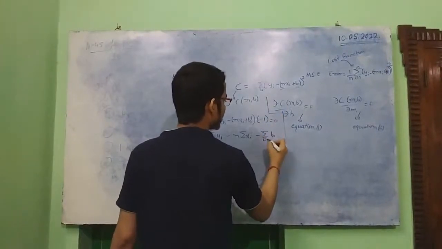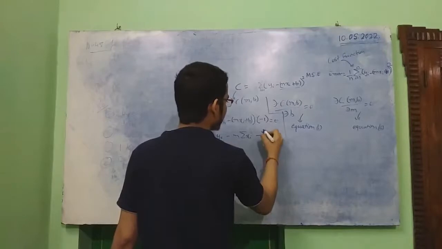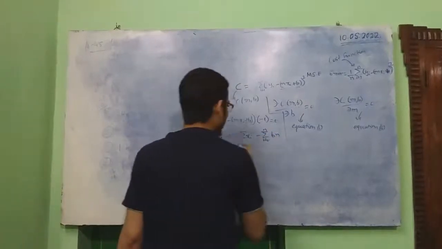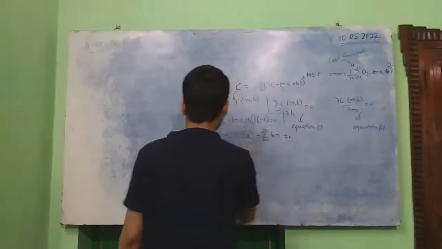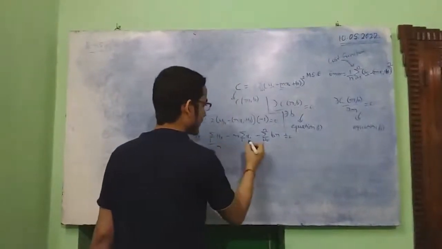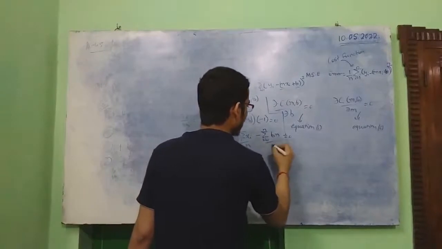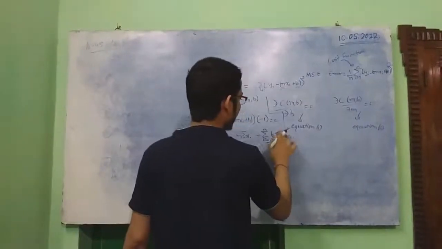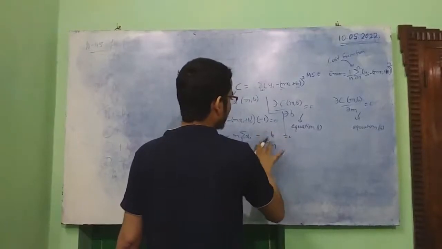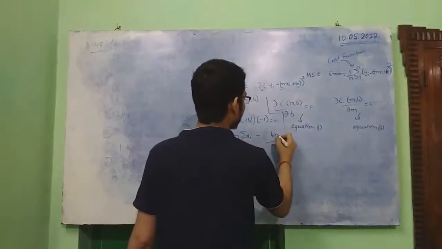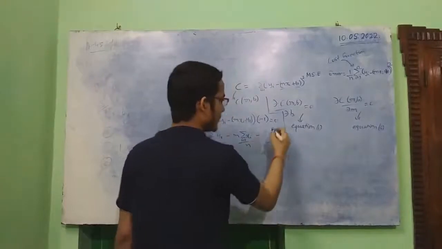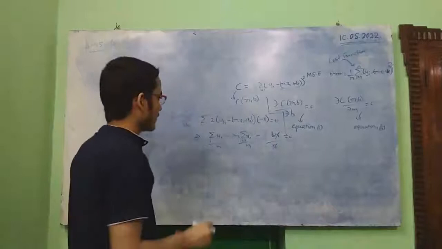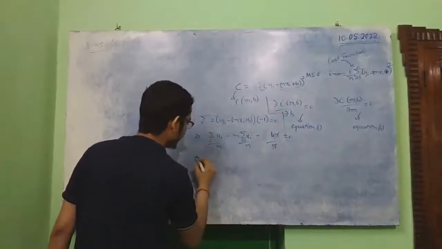Now I can divide the entire thing by n, and this n and n will cancel out. Can I write this way?